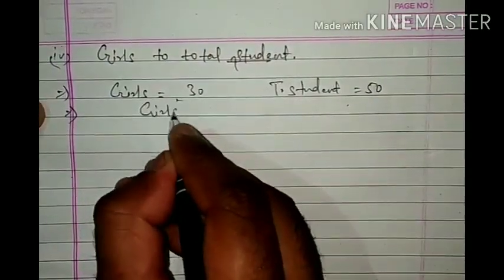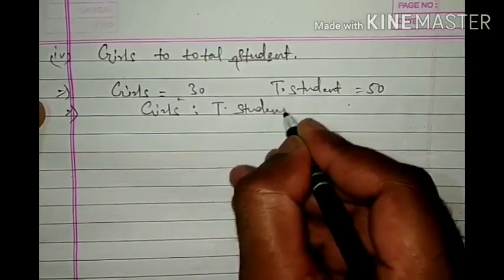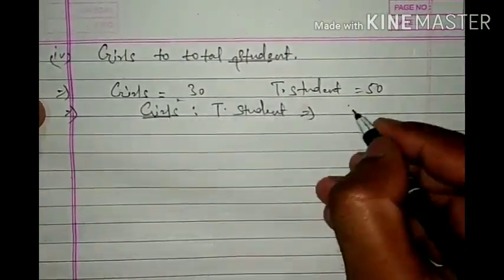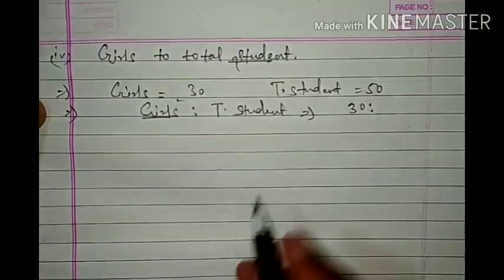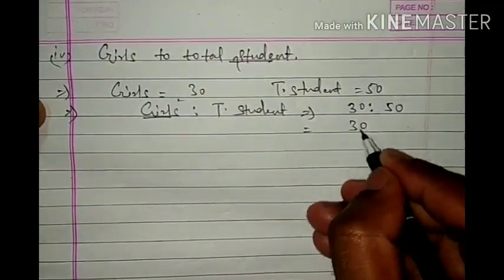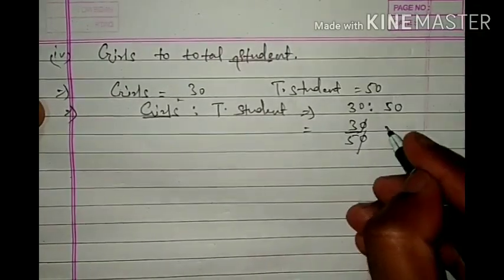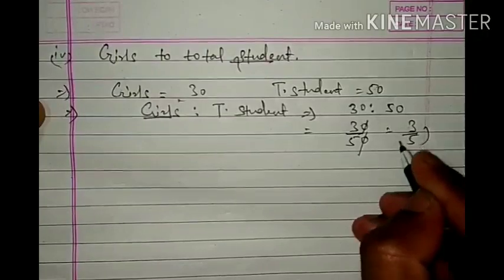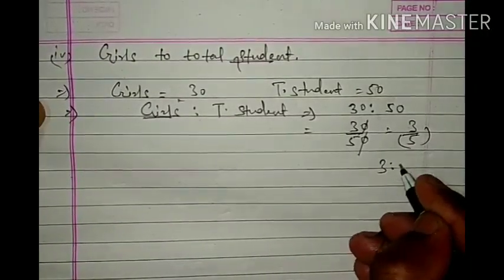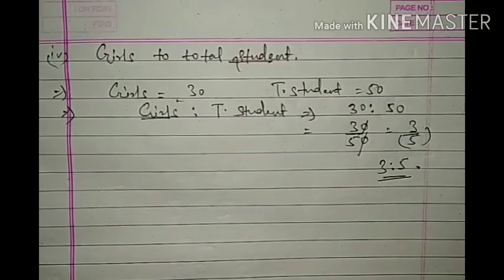Girls ratio total students. Number of girls 30, ratio total students 50. What do we get? 30 by 50. 0 will cancel 0. What is our required ratio? 3 by 5 or 3 ratio 5. I hope it is clear to everyone.